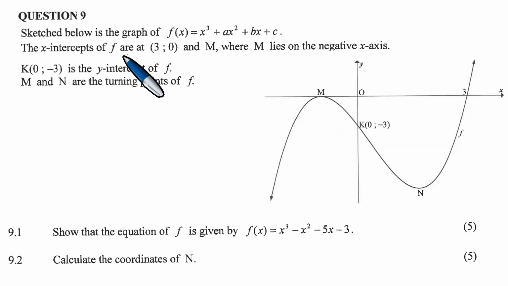The x-intercepts of f are at 3 and 0, and m, where m lies on the negative x-axis. K has the coordinates 0 and minus 3. That is the y-intercept of f. M and n are the turning points of f.